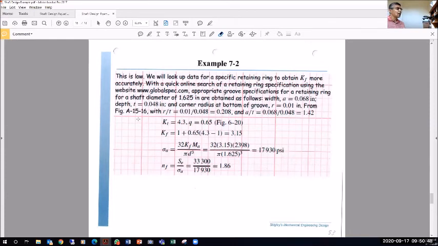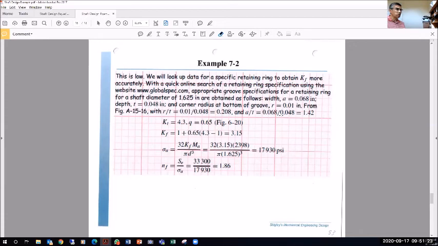I use figure A1516 in the back of your book with these ratios to find a KT, and KT is 4.3. I can also use figure 620 to find the Q. So this is going to bring my KF down to 3.15 instead of a 5. I revisit my equation to calculate an NF, and after using the more accurate numbers, clearly my design factor now is 1.86, which is greater than 1.5.